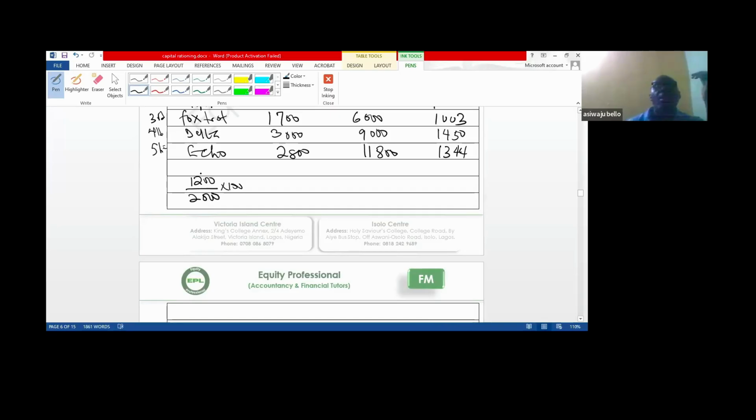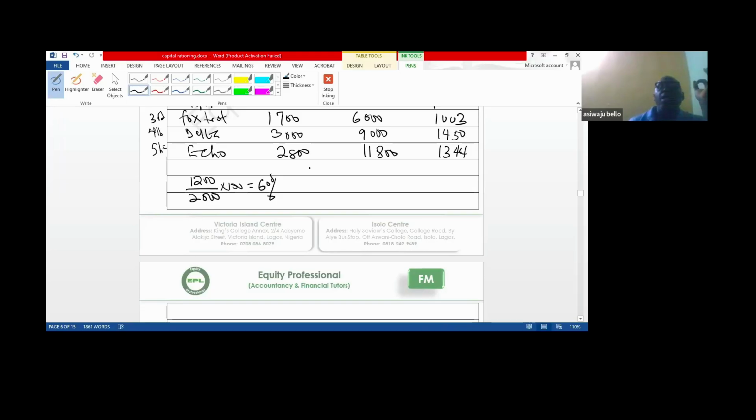We can do 60% of Bravo. Look at it. We can do 60% of Bravo, 1,200. That will give us 13,000.